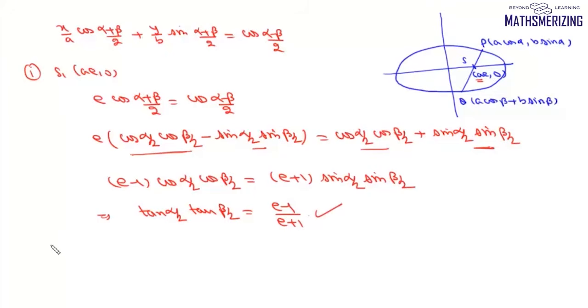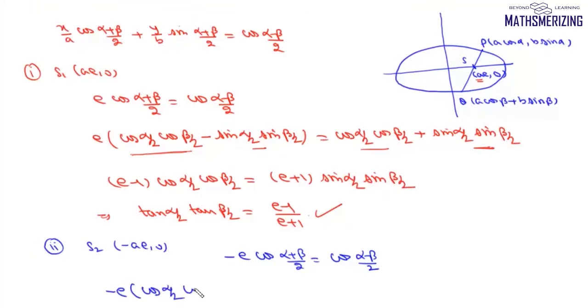Now if the chord passes through the other focus, say S2, which is (minus ae, 0), in that case we'll write minus e cos((alpha plus beta) upon 2) equal to cos((alpha minus beta) upon 2). So here we can write minus e times (cos alpha by 2 cos beta by 2 minus sin alpha by 2 sin beta by 2), and here it will be cos alpha by 2 cos beta by 2 plus sin alpha by 2 into sin beta by 2.